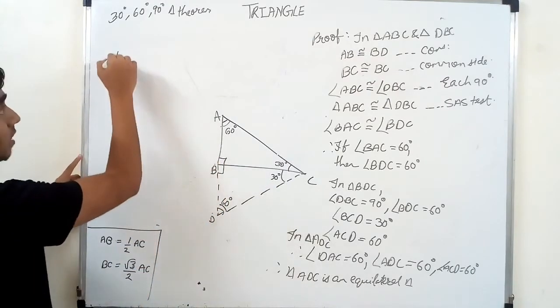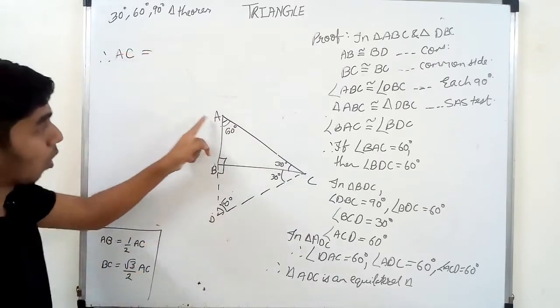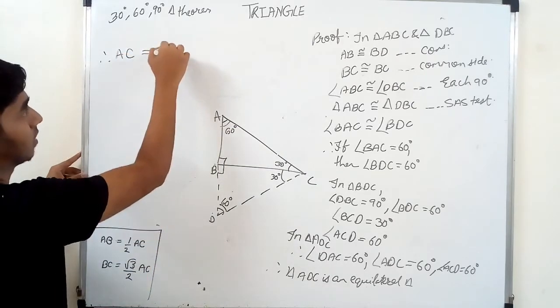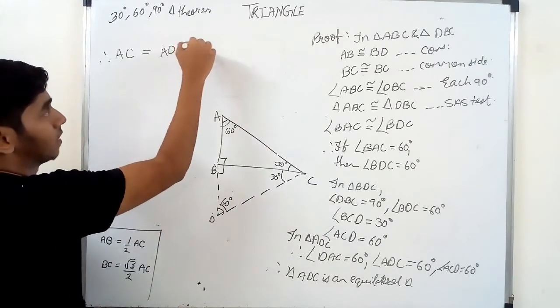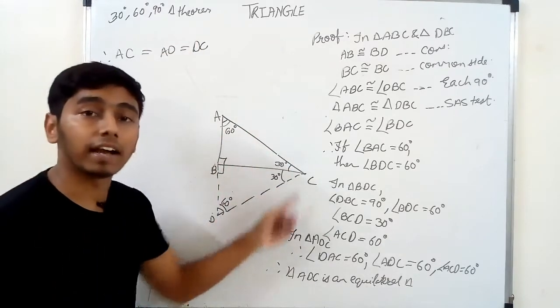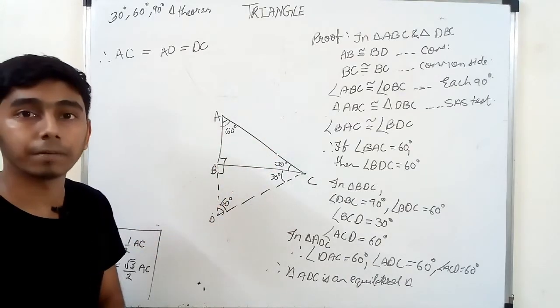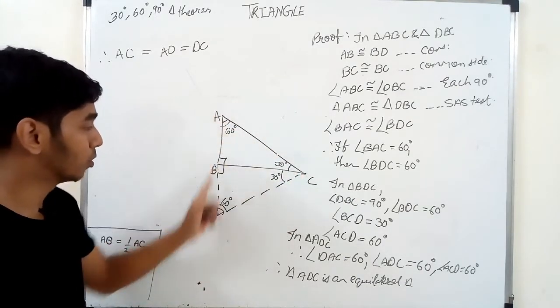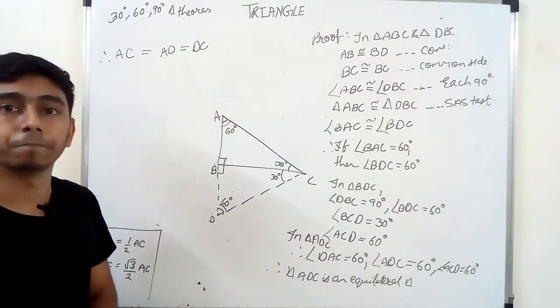So we can say AC is congruent to AD, which is congruent to DC. Yes or no? If a triangle is an equilateral triangle, then the sides are congruent. So AC is congruent to AD is congruent to CD, or DC as written.